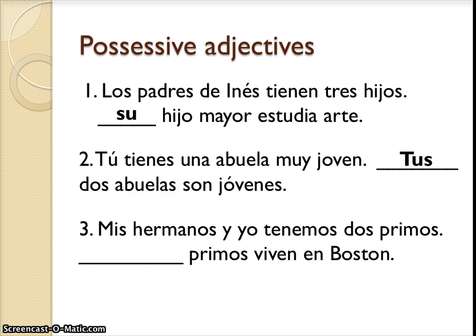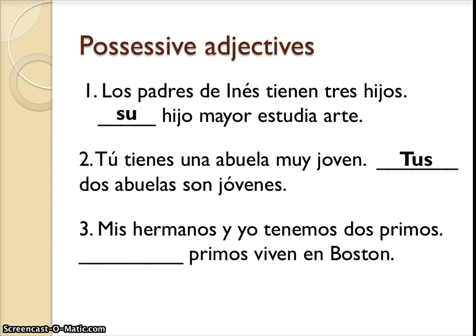So then in Spanish, what are our options? Some form of nuestro, right? So is it going to be singular or plural? It's going to be plural because we have primos. Okay?